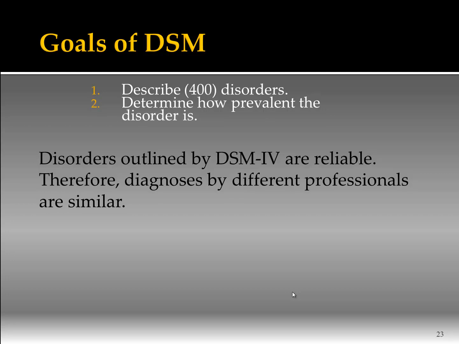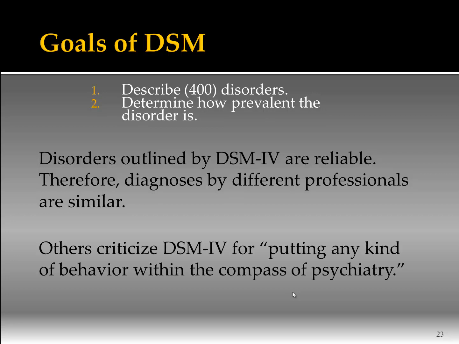When professionals sit down and diagnose the same individual, we generally come up with a relatively similar diagnosis because of the exacting definitions and criteria that are used to diagnose the various syndromes and personality disorders.